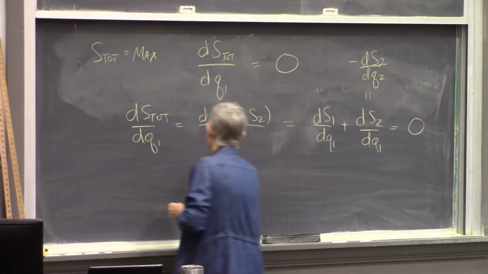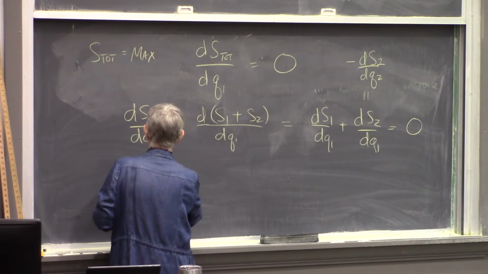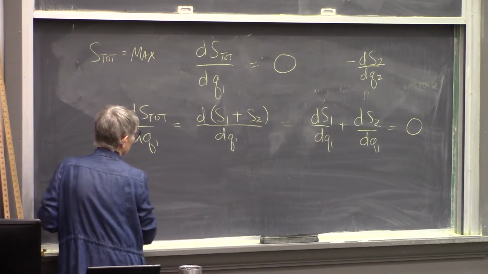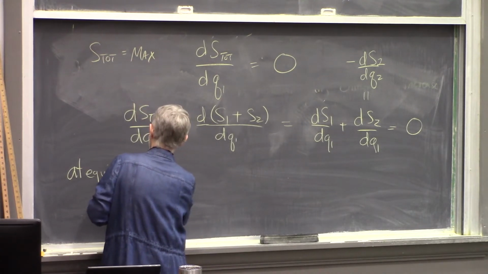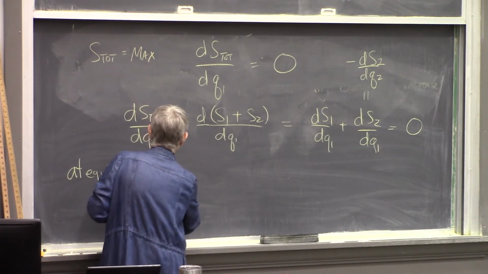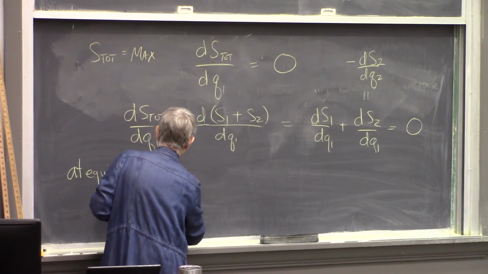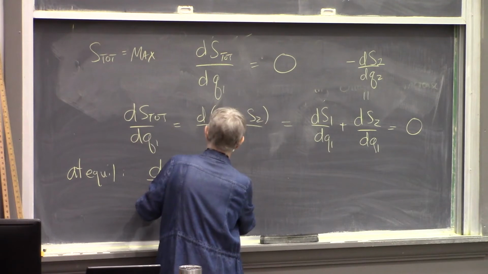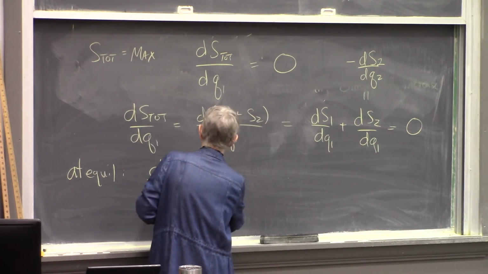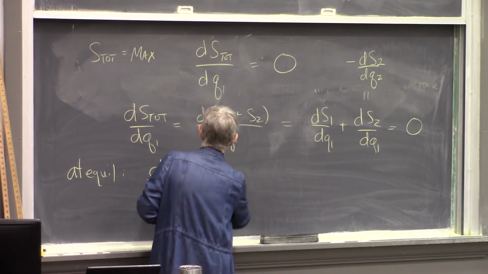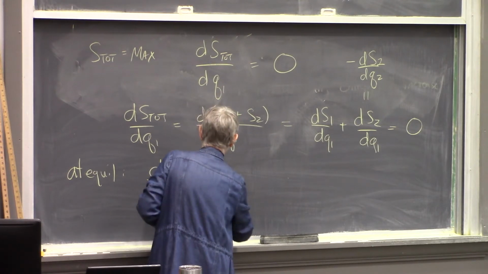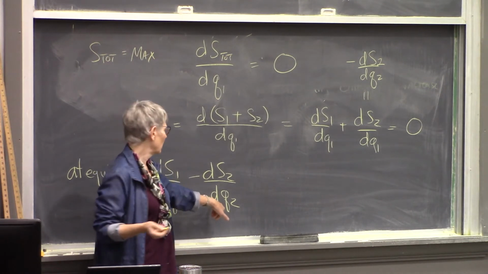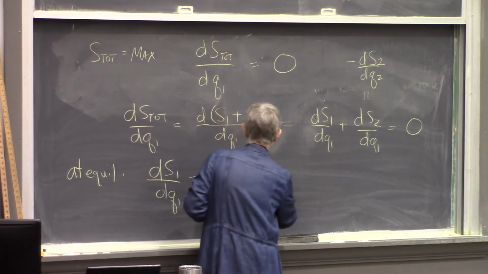And so we find that at equilibrium, we have the rate of change of the entropy of block 1 with respect to the amount of energy in block 1 minus the rate of change of the entropy of block 2 with respect to Q2, the amount of energy in block 2, has to be 0.